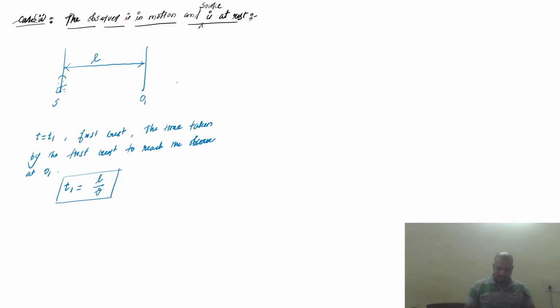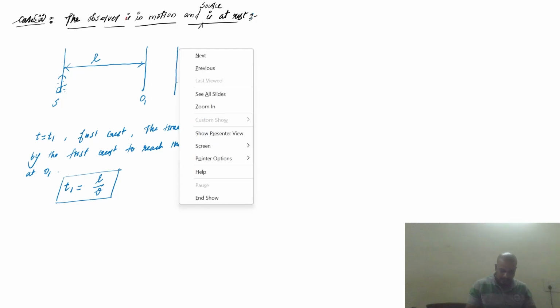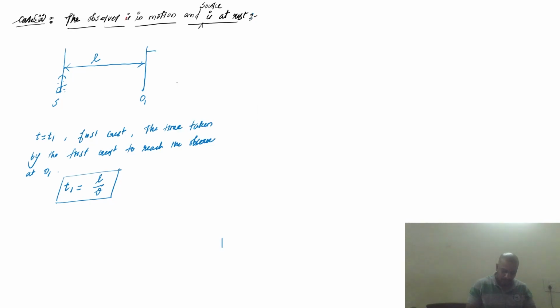After a time period, let us assume that the observer is moving with a velocity v naught in the positive x direction. So the velocity of the observer is v, the small o. After the time period t naught, assume that the observer position is O2.